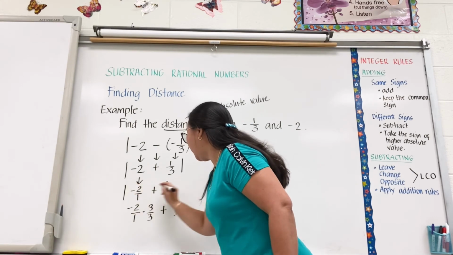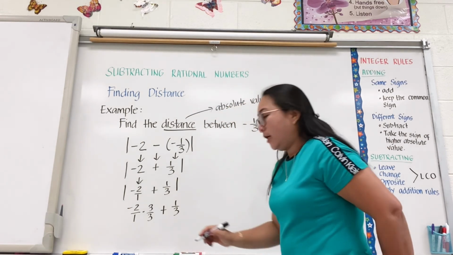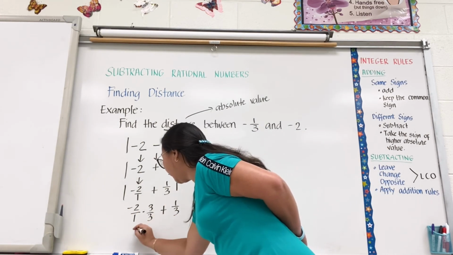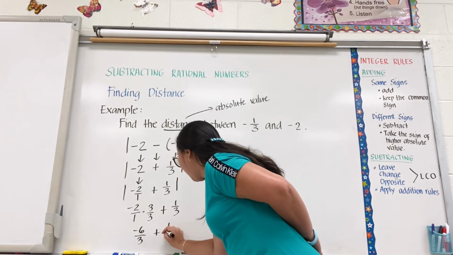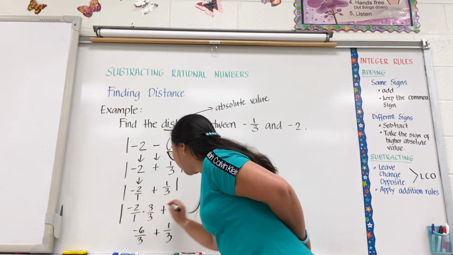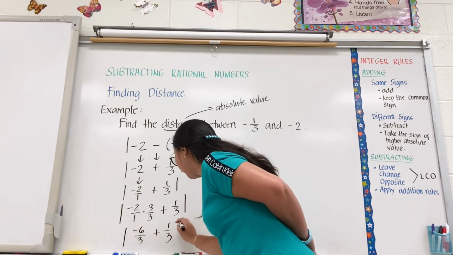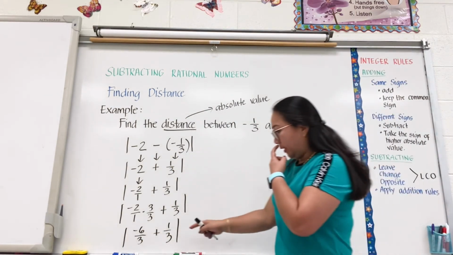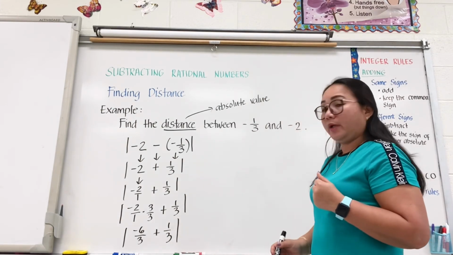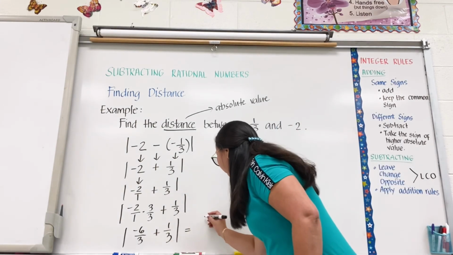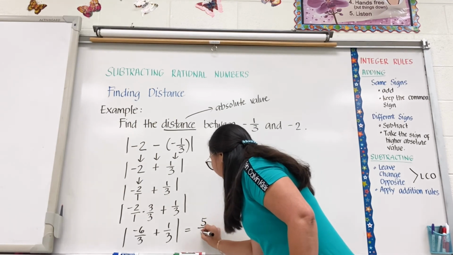So do not forget the absolute value sign. So -2 times 3 is -6. Keep the denominator 3 plus 1/3. So absolute value sign. Now, we have here negative and positive. So that means you will subtract. 6 minus 1 is 5, and keep your denominator.